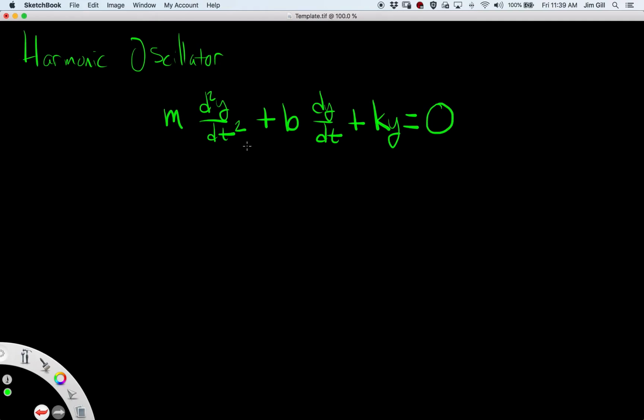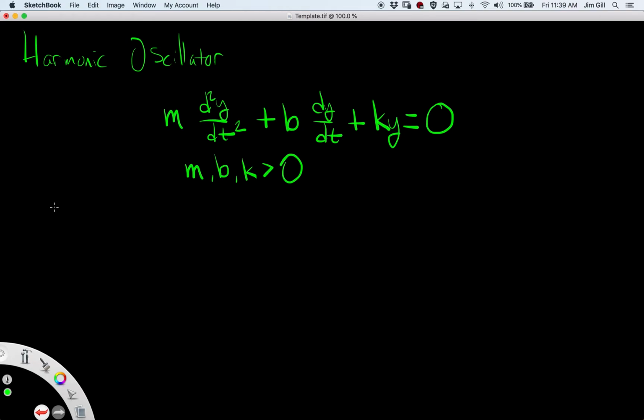Okay. And for the purposes of this discussion with these harmonic oscillators, we want all of these constants, m, b, and k, to be positive. Okay. So now we're going to discuss the possible outcomes we can have from this sort of situation.